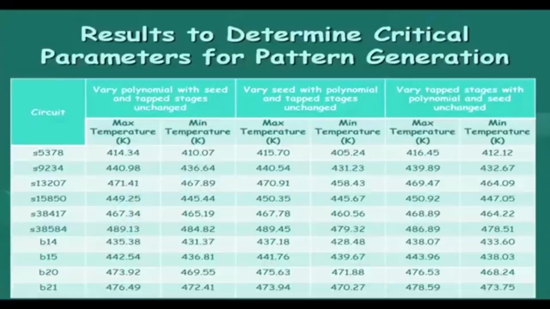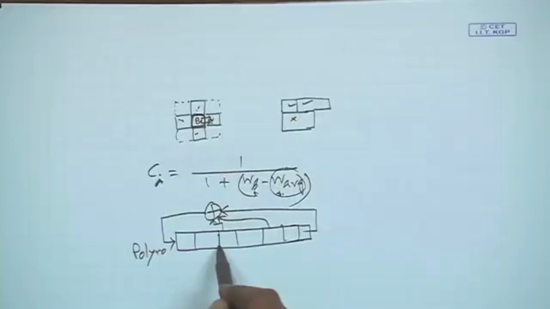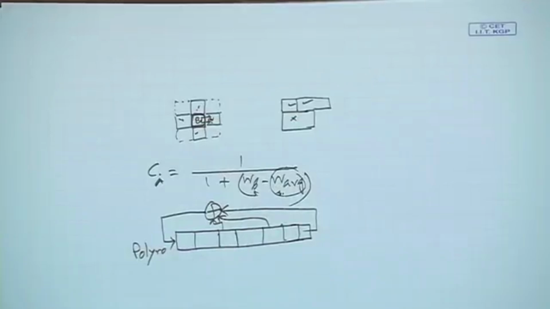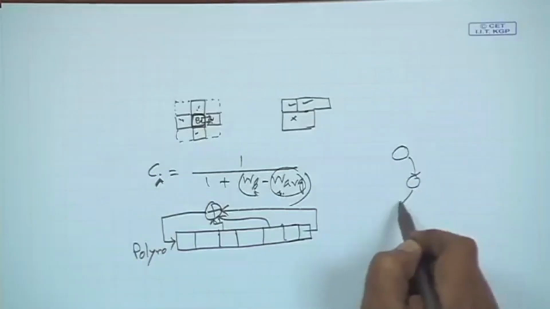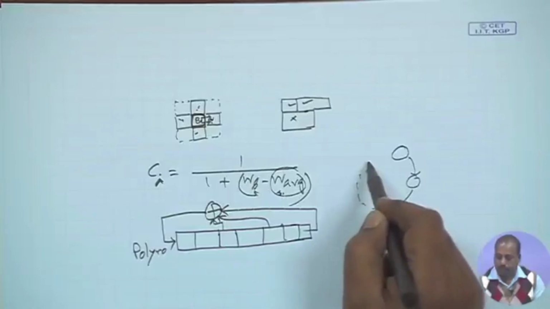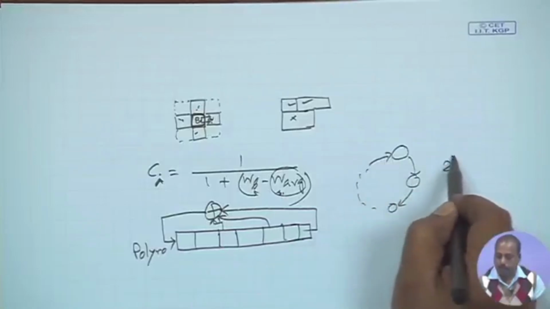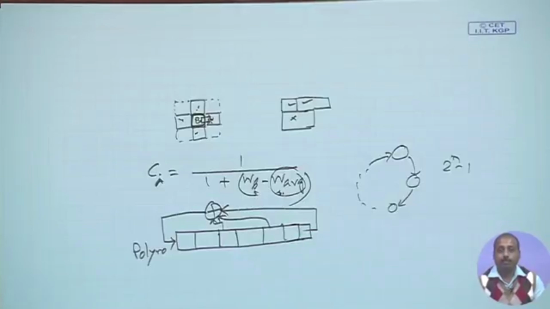The second important thing is varying the seed pattern. Particularly if the LFSR is of maximum length, then by varying the seed pattern, it will generate patterns in different parts of its state space. As a result, the patterns generated will be different. A maximum length LFSR goes through all the 2^n minus 1 states in its state transition, excepting all 0.